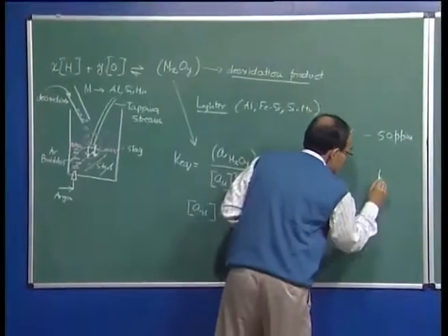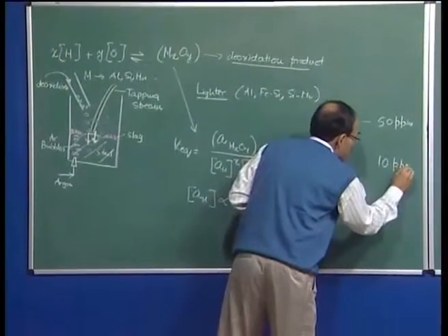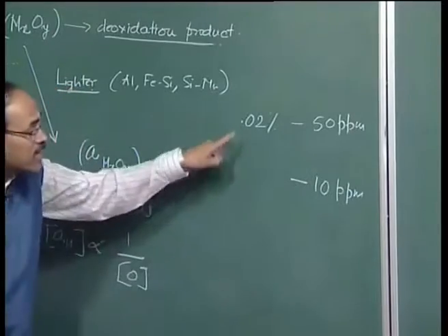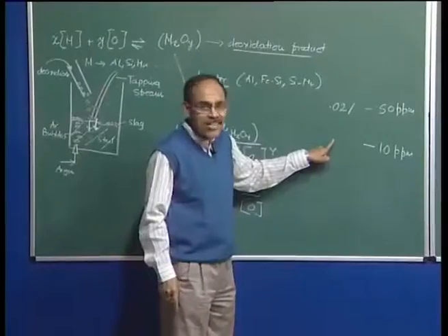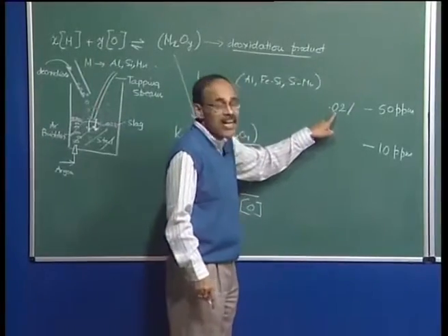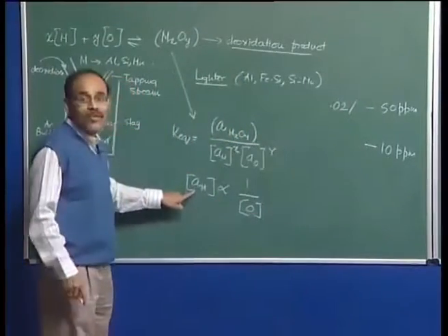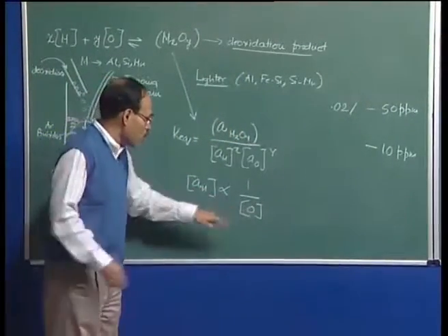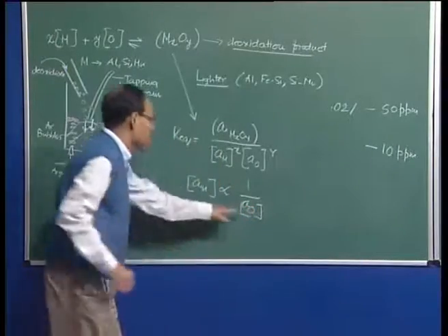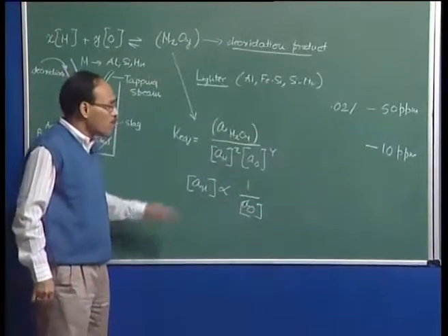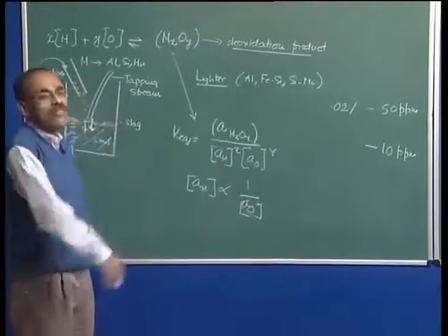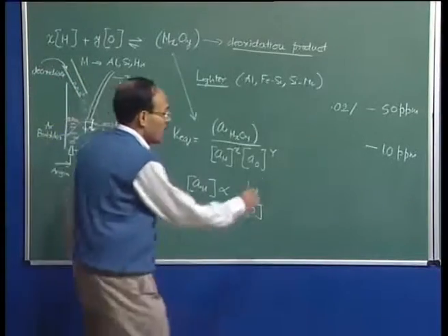Now, if I say you want to get to 10 ppm, in that case this value is going to be smaller or larger? This value is going to be substantially larger than this, because of this particular relationship, that the activity of oxygen is inversely proportional to the activity of metal in the bath. Lower and lower is the concentration of oxygen you wish to achieve in the bath itself.